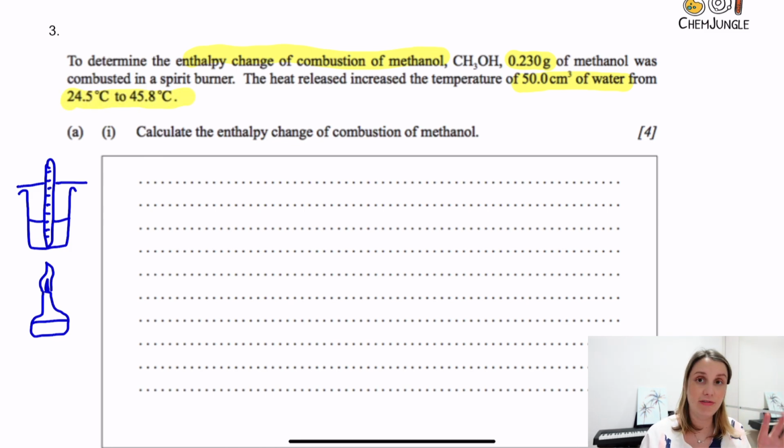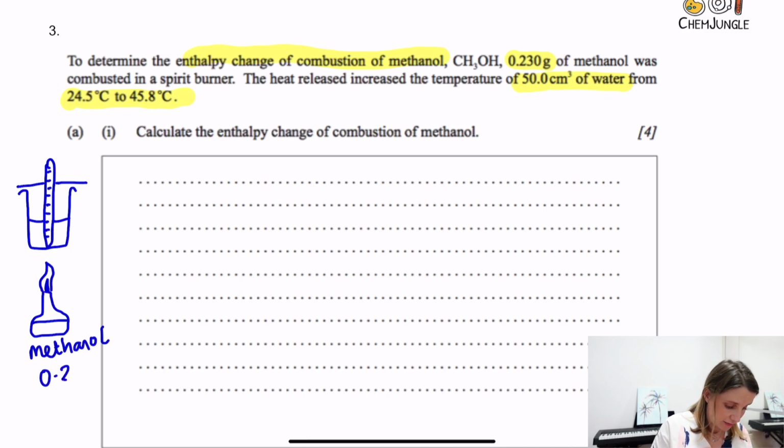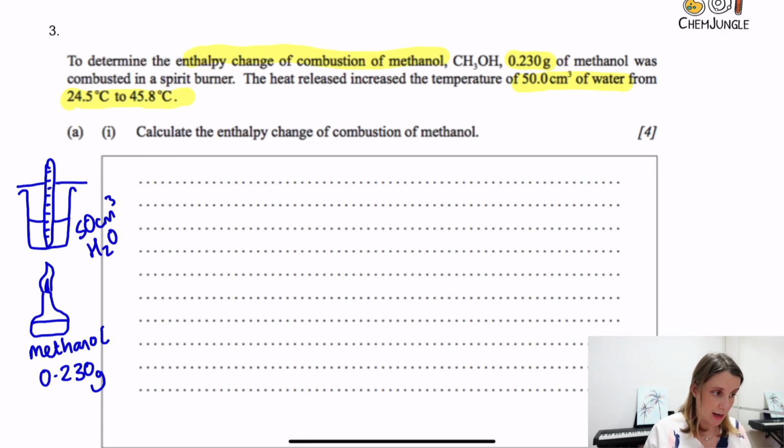So hopefully from that information, you should be forming a picture that looks a little bit like this in your brain. You've got the spirit burner at the bottom, burning off the methanol. So the methanol is down here, but this could be any fuel. In this case, 0.230 grams of methanol was used. And then up top here, we've got water, and there's 50 cm cubed of the water.